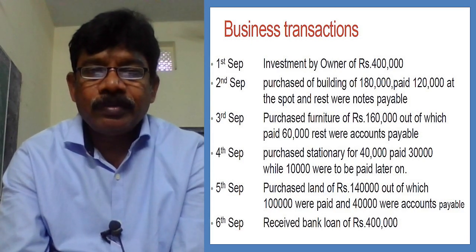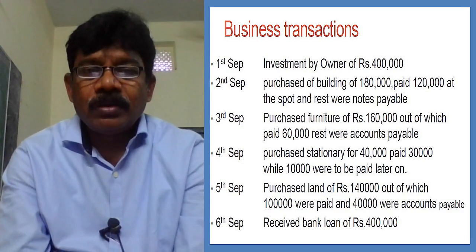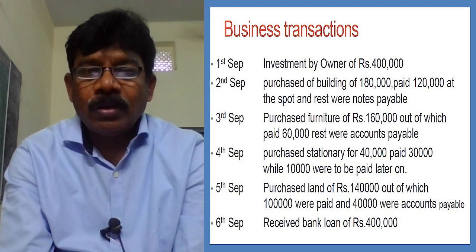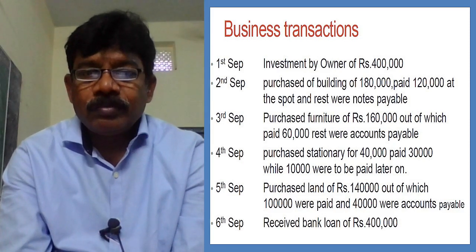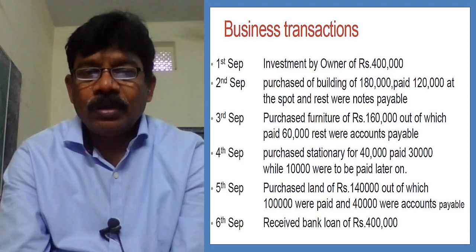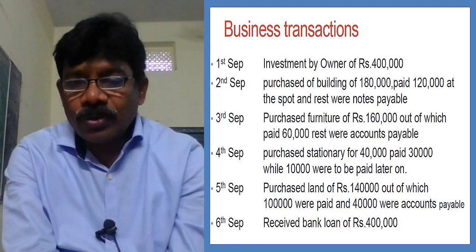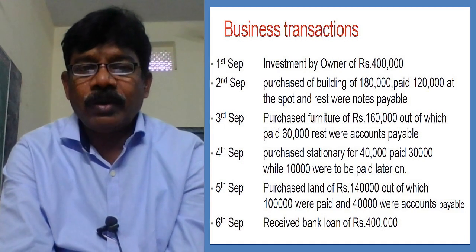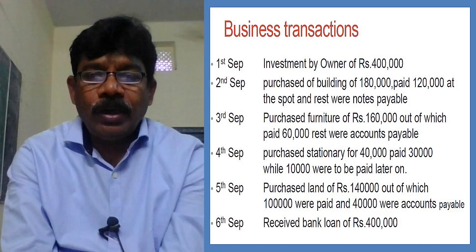The total amount will be 5 lakhs. Don't panic, I am just explaining orally. In the next video I will show this slide on the right side and the solution on the left side. Okay, so assets total is 5 lakhs, and liabilities plus capital is 5 lakhs.